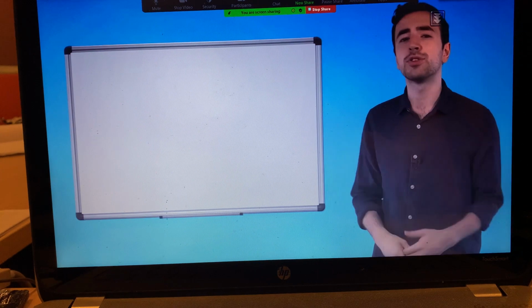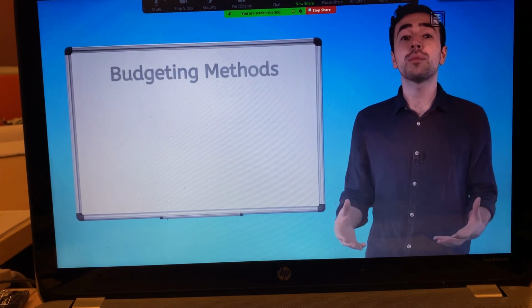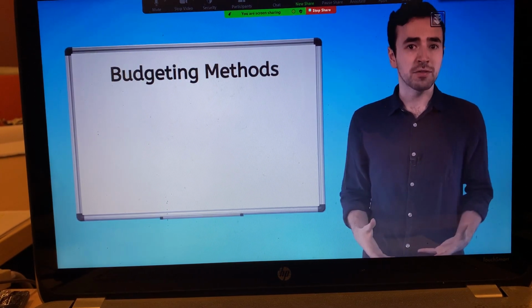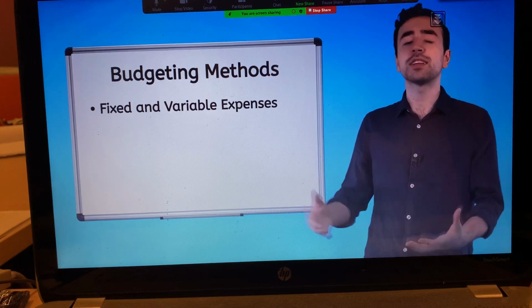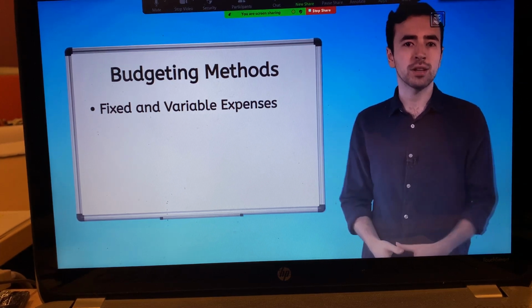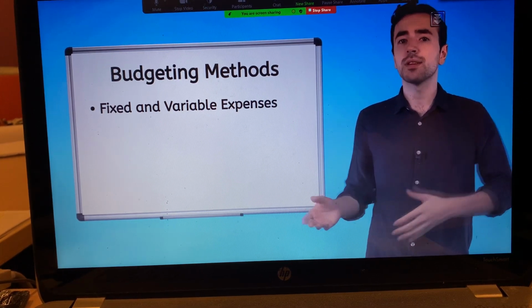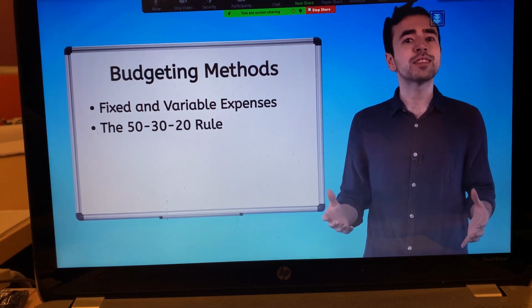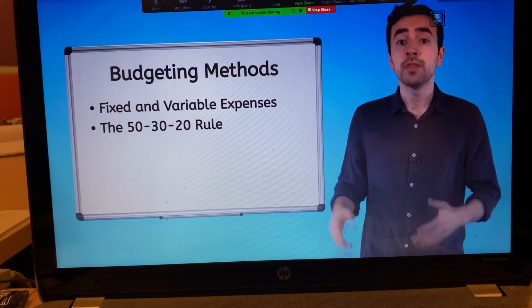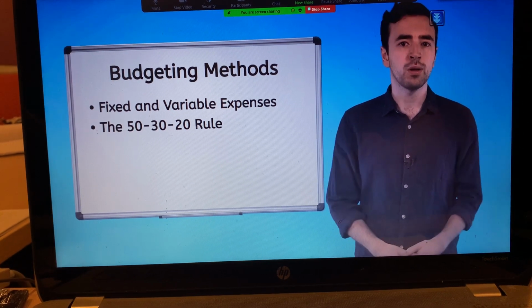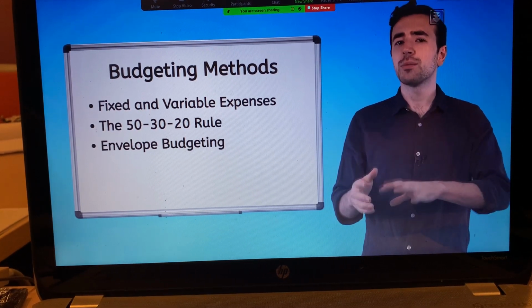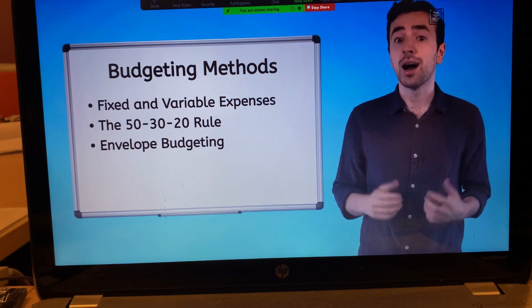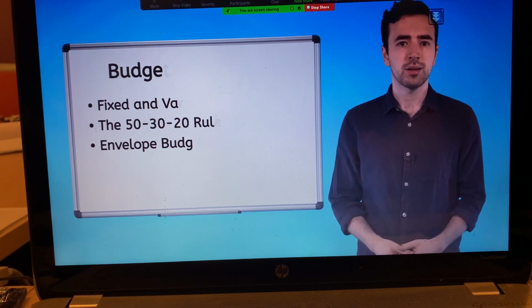Once you've mastered your spreadsheet skills, we're going to learn about some methods for budgeting itself. First, we'll learn how to identify two important kinds of expenses, fixed and variable expenses. Then we'll learn a budgeting method that some people swear by, the 50-30-20 rule, as well as a stricter, more careful approach to budgeting, envelope budgeting.